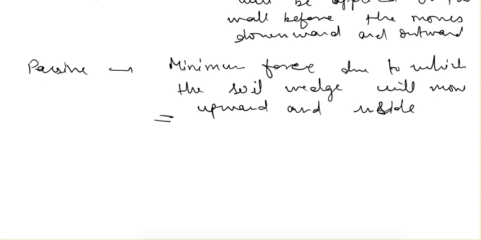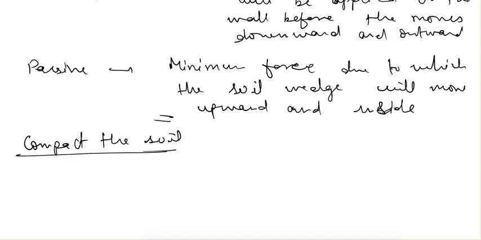And one more thing is there. If we compact the soil, what will be the effect on active earth pressure and what will be the effect on passive earth pressure? If we compact the soil, then active earth pressure decreases, whereas passive earth pressure will increase.